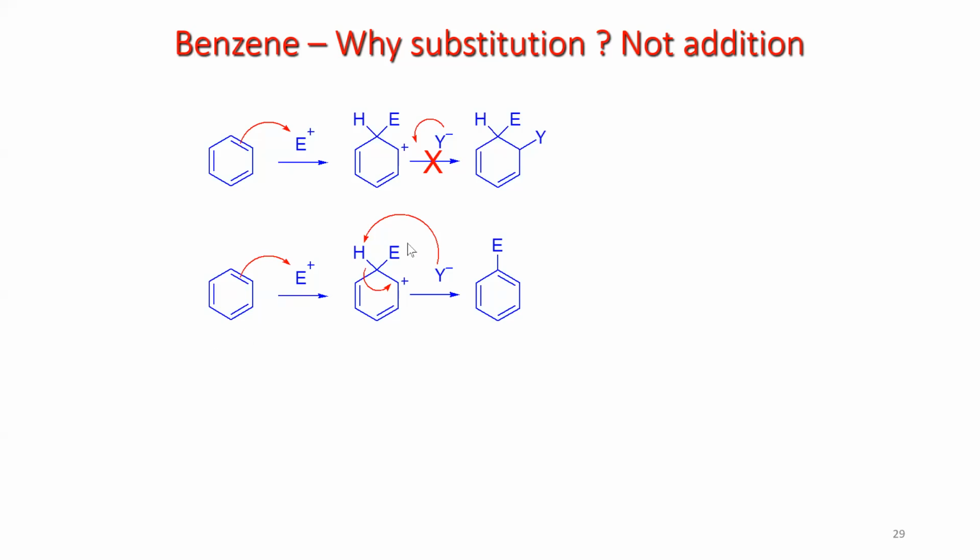You know, substitution is replacement of an atom, right? Addition is when a double bond is opening up and getting the species added, right? No addition is taking place, but substitution, because substitution will give you a stable state again, which retains the aromaticity. Right.